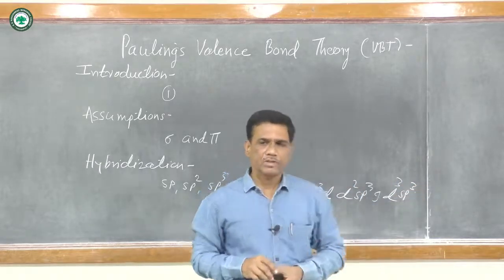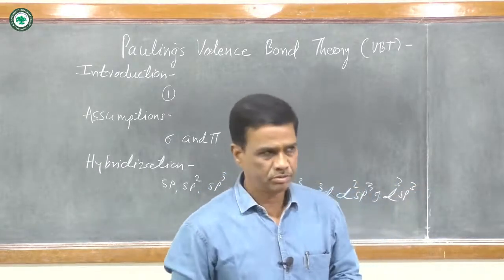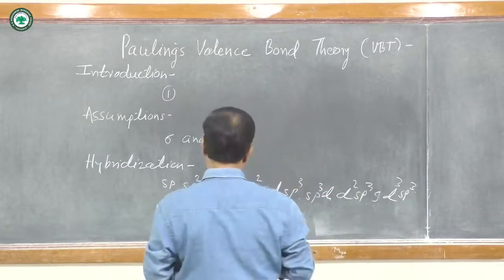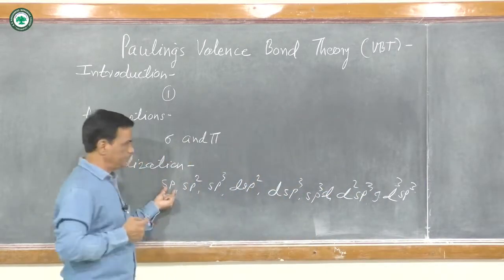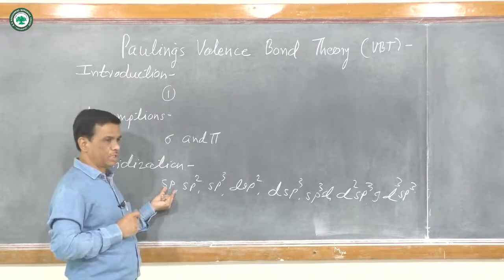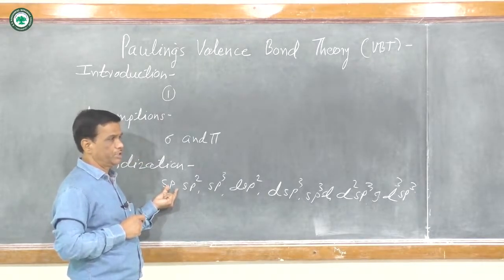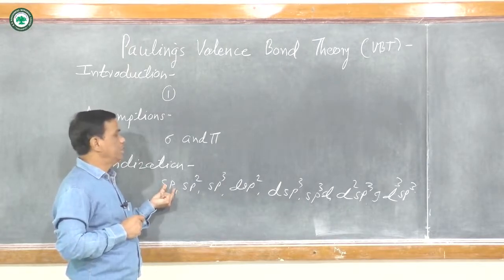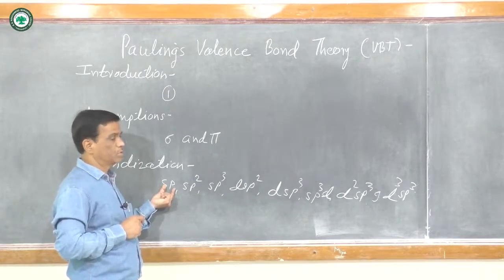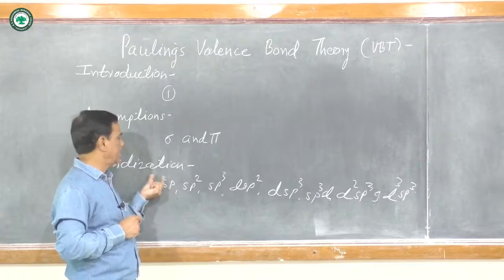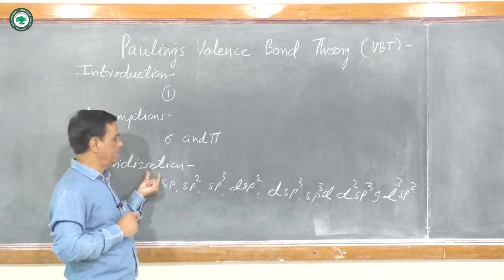All these are the types of hybrid orbitals in hybridization. Here sp means one s orbital and one p orbital overlap, and there is a formation of linear hybrid orbitals. It is known as sp hybrid, and the hybridization is sp hybridization.